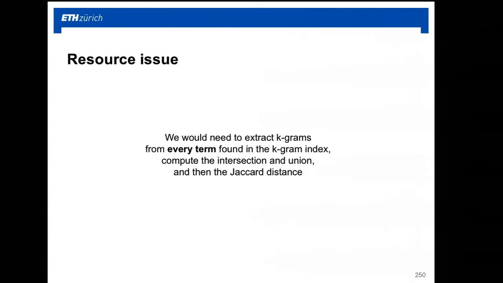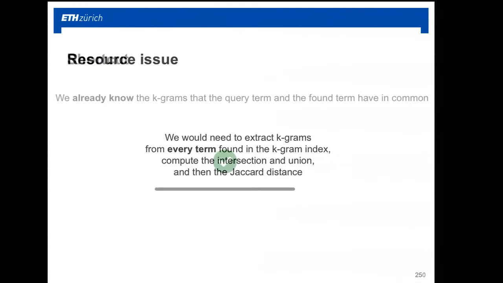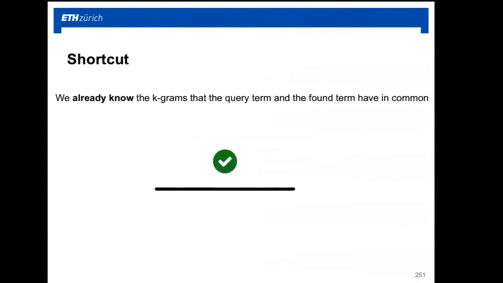So you may have a problem at query time. But there is a shortcut. There is actually a trick for this. And you only need the Venn diagram to actually see the trick. It's that you do not actually need to look at all the k-grams every time.